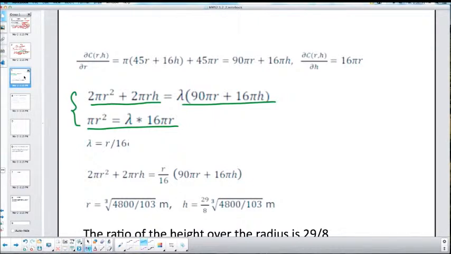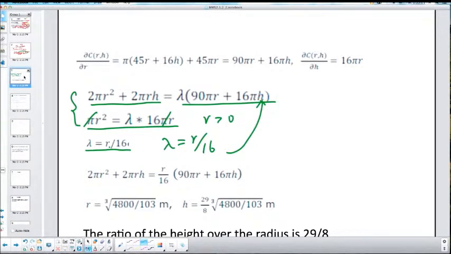From the second equation, r must be positive. We cancel out r. We got lambda equals 16 divided by r, and pi cancelled out. Then you plug into the first equation, and you will find h.